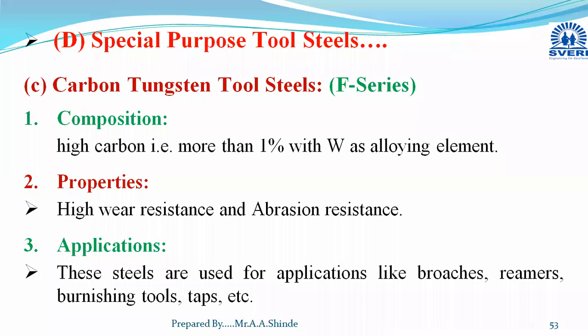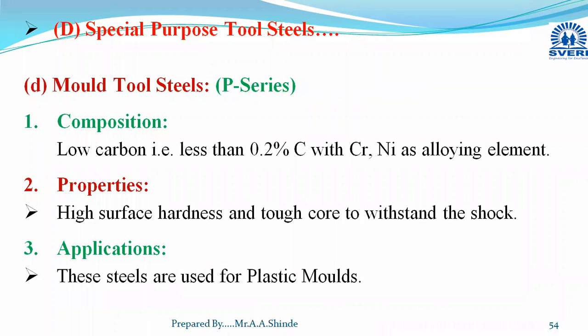Then the last type from this tool steel category is mold tool steels, which are denoted by the P series. And to remember this, mold tool steels are used for manufacturing of plastic molds.